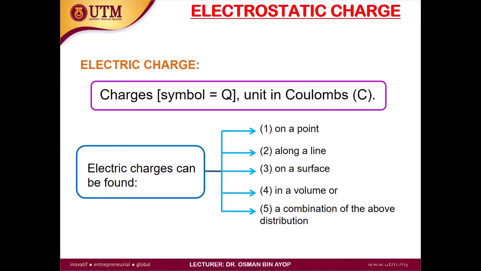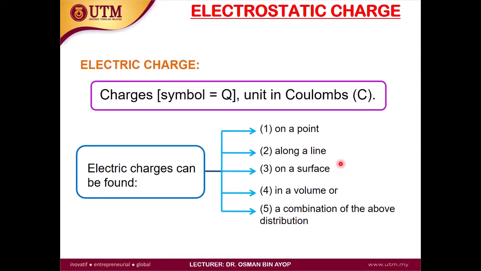Electric charge, the symbol is Q and the unit is Coulombs. Electric charge can be found first on a point, which we call a point charge. Second, along a line.